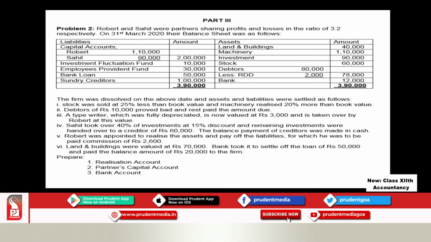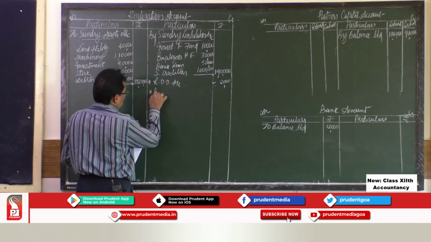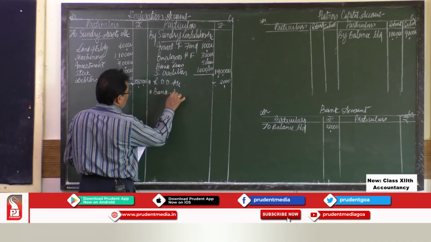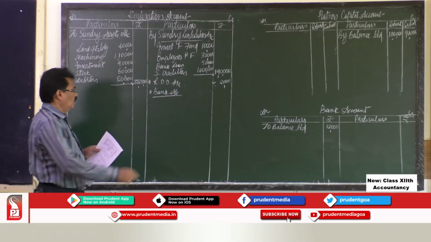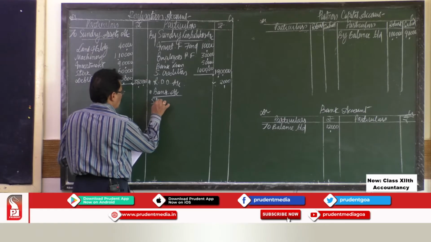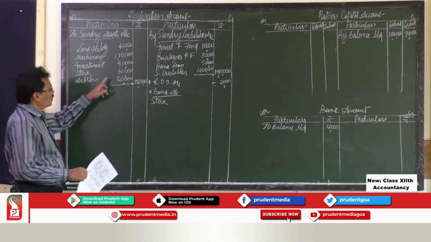Adjustment number 1, he says stock was sold at 25% less than book value. When you sell the assets, you will get the money, so you have to credit it to the realization account. So, by bank account, stock. Your stock was 60,000.